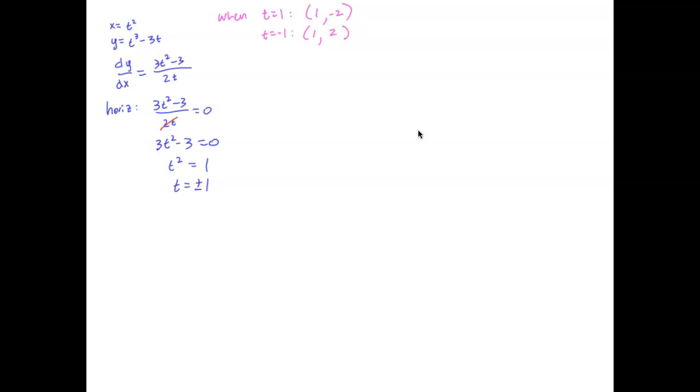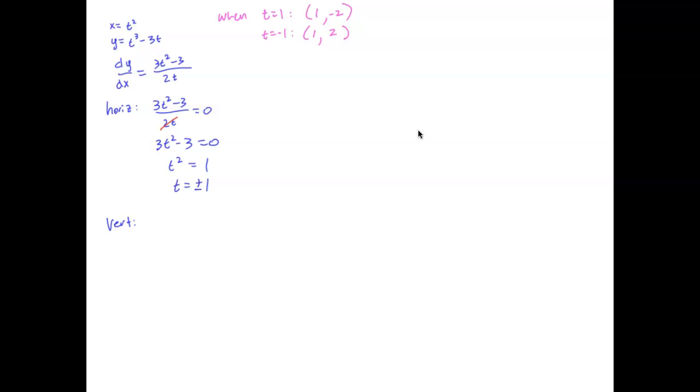All right, vertical tangents. Those will occur basically when our denominator is 0. I say basically because it technically has to be when the denominator is 0 and the numerator is not 0. So 0 over 0 is technically an indeterminate form. But what you want to do is set your denominator equal to 0 and solve, and then just make sure that value of t doesn't also make your numerator 0.